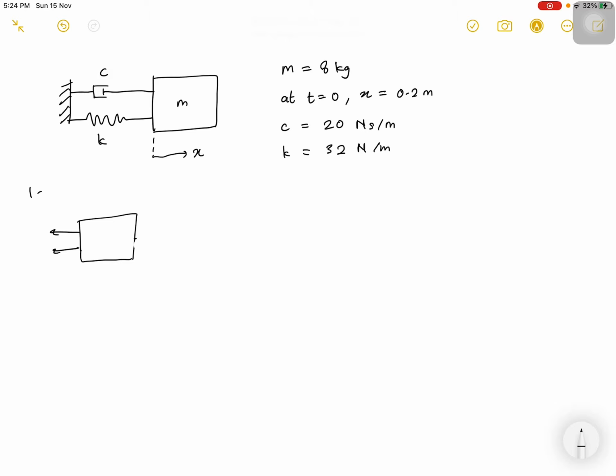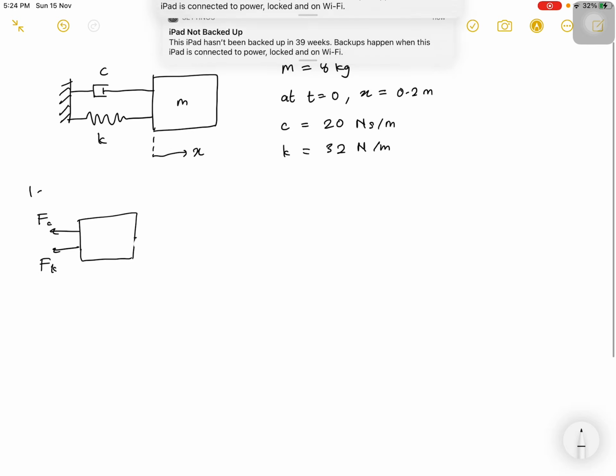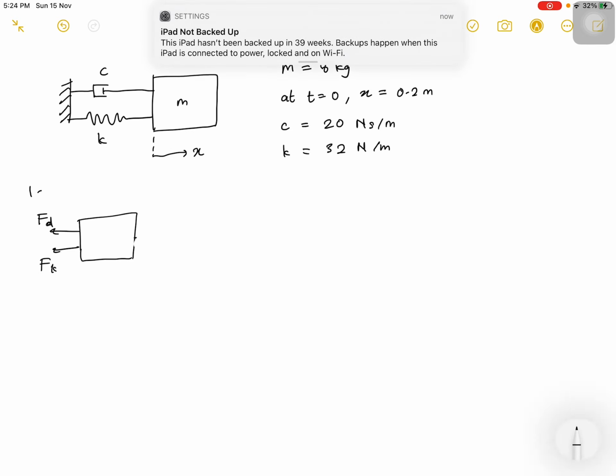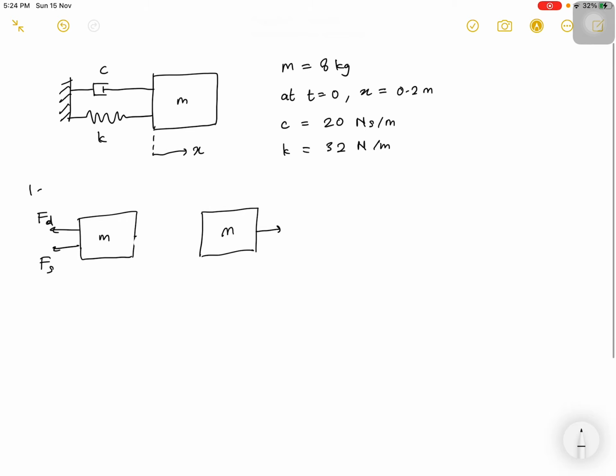So for this free body diagram, we have the force from the dashpot, which I can write as D, and the force from the spring, S. So we have the mass, and then we consider the kinetic diagram. In the kinetic diagram, we only have one component, which is the acceleration.